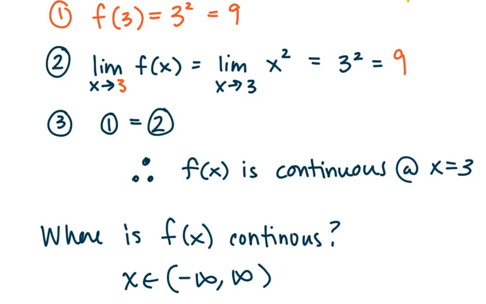X is an element of that set of all real numbers. All right, so continuity, when we ask where is a function continuous, generally we're just responding with the answer of the domain. So let's look at stating where a few more functions may or may not be continuous.